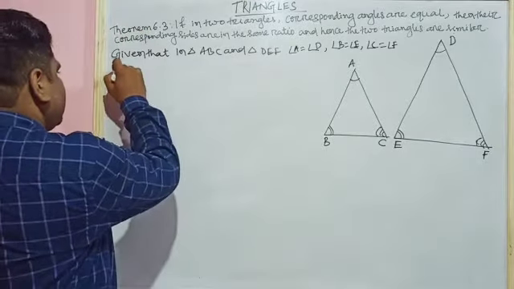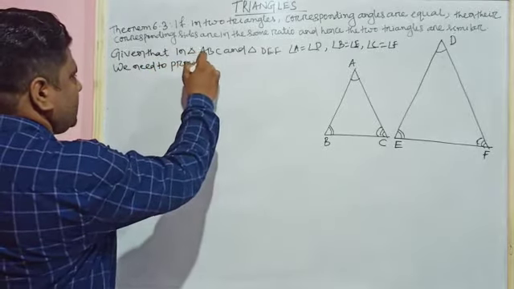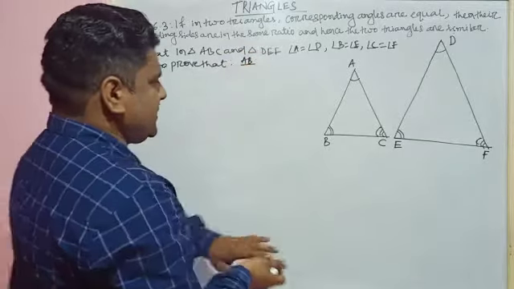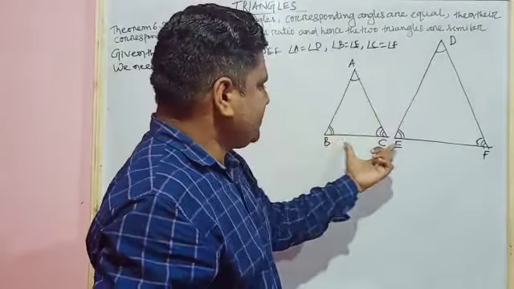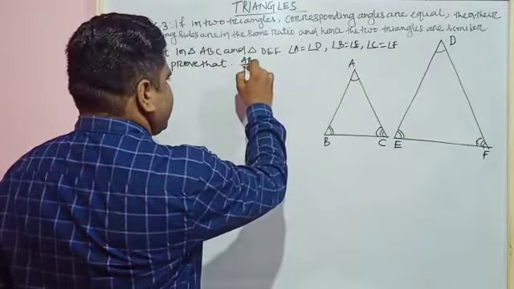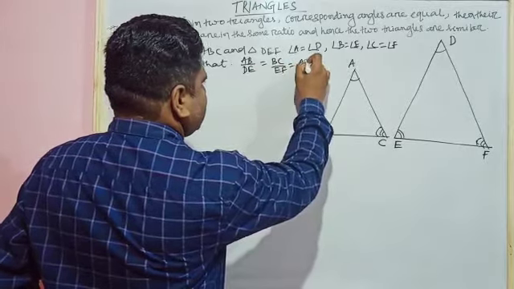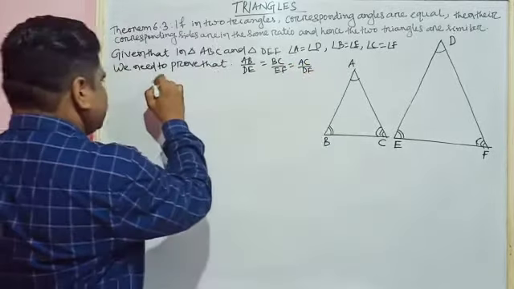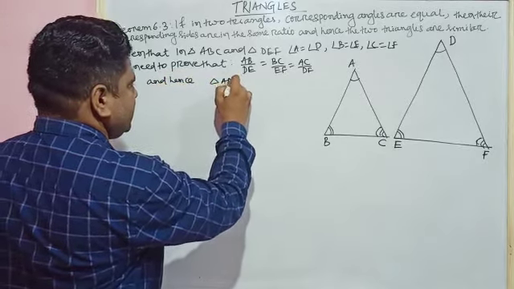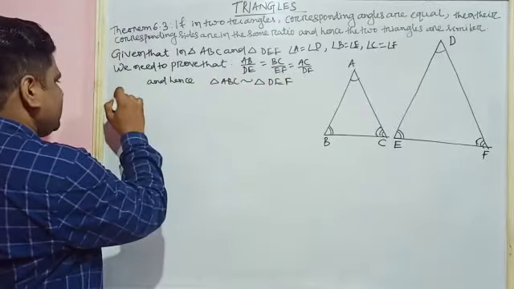So we need to prove that AB by DE is equal to BC by EF is equal to AC by DF, and hence triangle ABC is similar to triangle DEF. For this purpose, we need some construction.